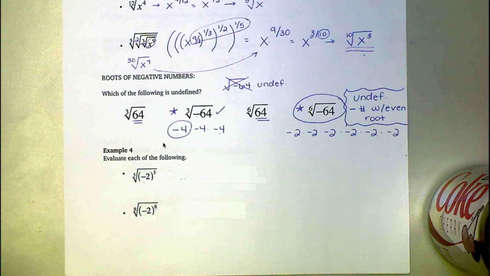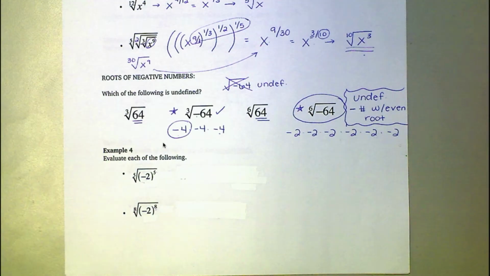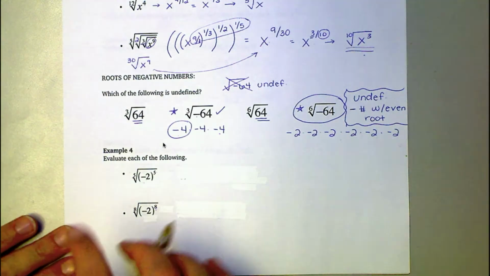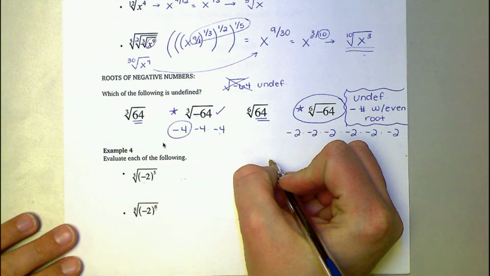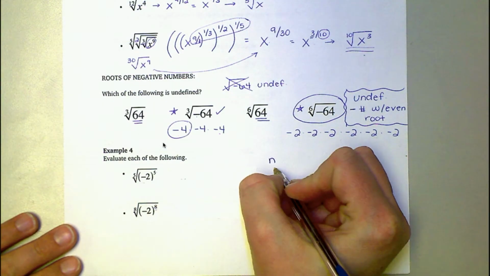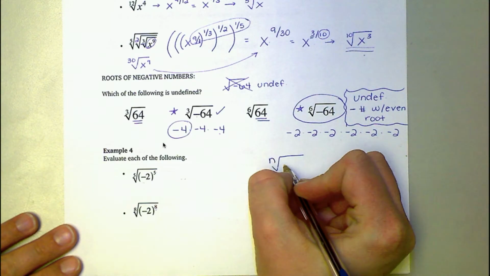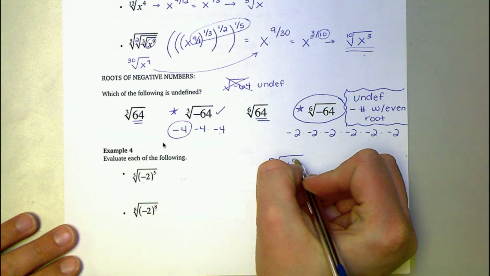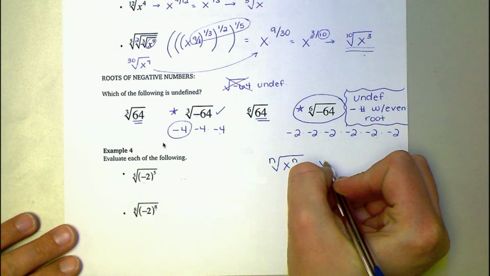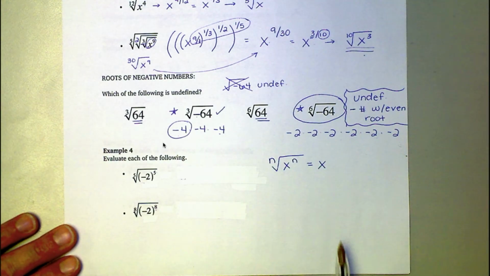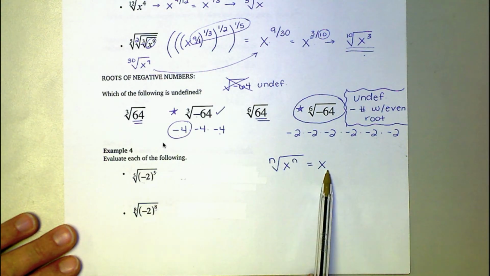Okay, so this last example here is kind of a specific example that's getting at a larger concept. And this concept is covered a lot in your next couple of assignments. This question is asked in several different ways. So here's the issue. Normally, we would think that anytime we did a root of something to the same power, it would just come out to be the original number, okay? And in most cases, that works out just fine.